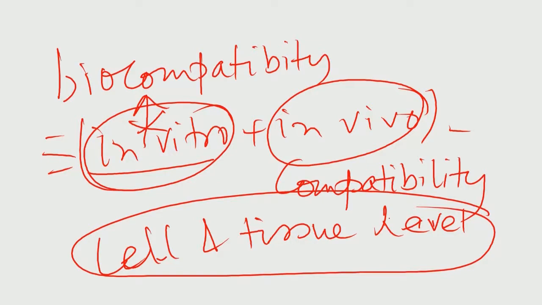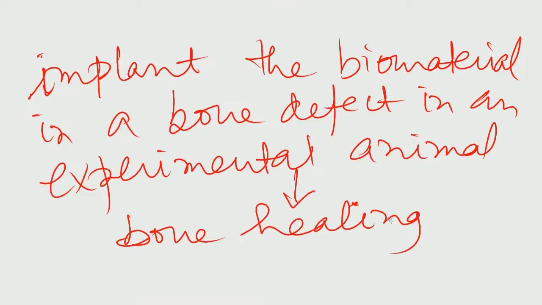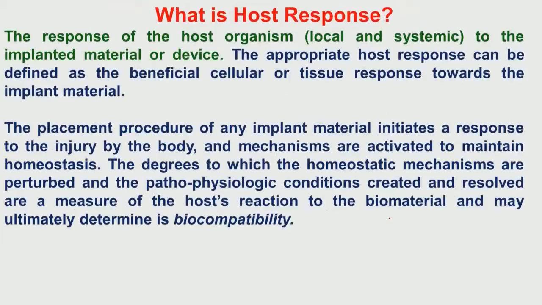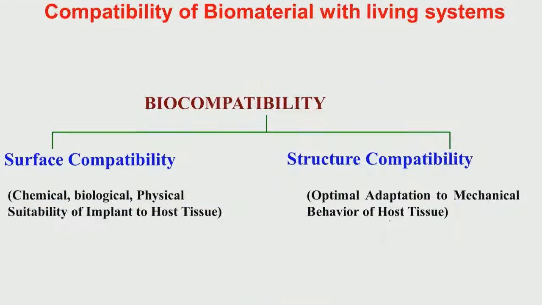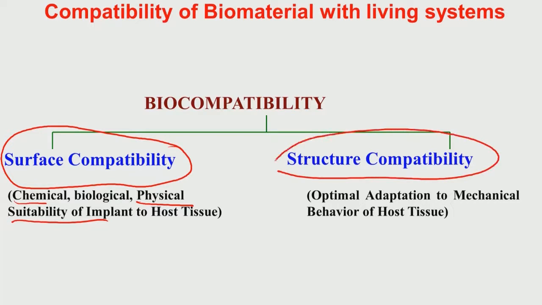From the preceding discussion, I can now move on to the next definition. Biocompatibility essentially means compatibility with living systems in terms of both surface compatibility and structure compatibility. Surface means a certain chemical composition and physical suitability to the implant host tissue. Structure compatibility is the optimal adaptation to the mechanical behavior of host tissue, where biomechanical property is of relevance.